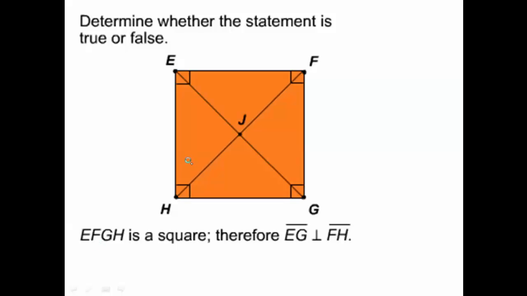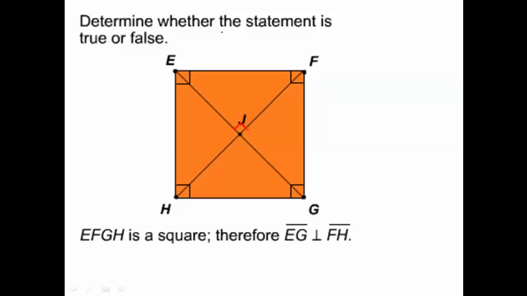So I'm going to look and see where EG is, and that's the diagonal, and it says that it's perpendicular to FH.